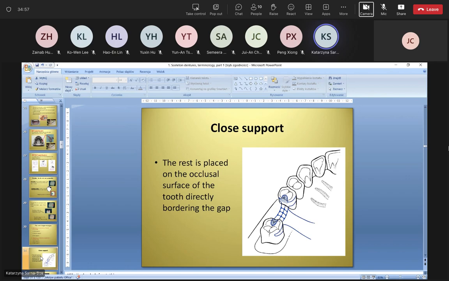The close support is when the rest is placed on the occlusal surface of the tooth directly bordering the gap. So here we have the rest, one of them, and the second one. And those tips are placed on the occlusal surface of the tooth directly bordering the gap. And this is the close support.